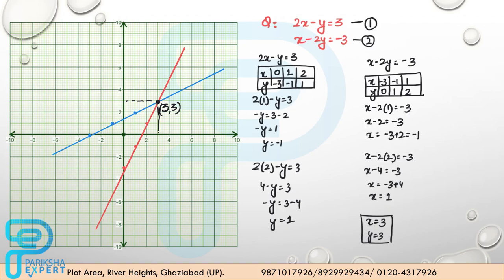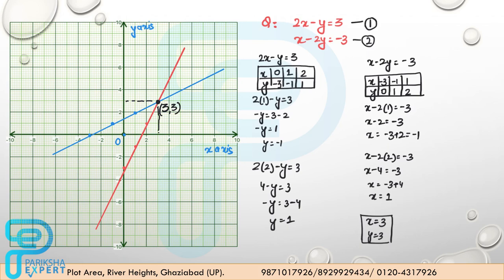Yes, one very important thing. Before completing this graph, you have to see whether you are writing x-axis here, you are writing y-axis here, you are also marking the origin. Origin stands for the point 0, 0.